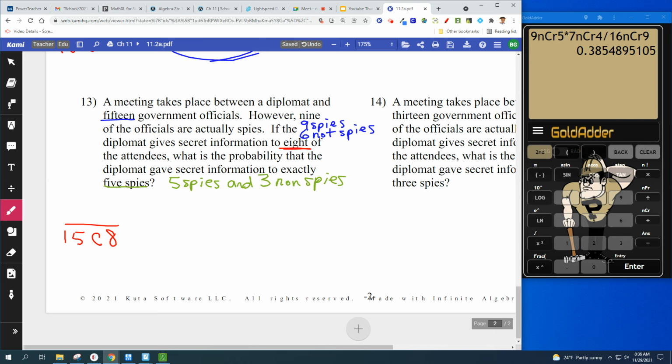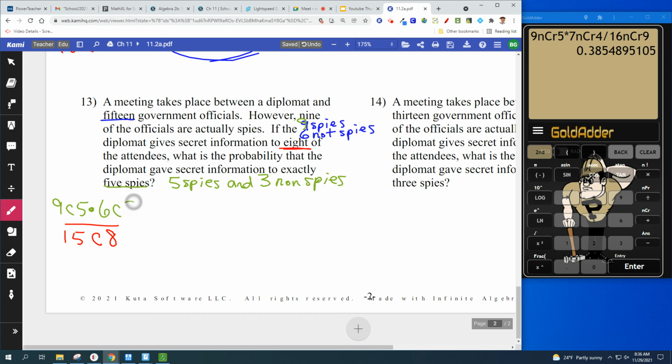Exactly. That's really corrupt. But that's what we're looking for. That's our numerator. So 5 spies out of how many spies? 9. And order doesn't matter, so that's going to be 9 choose 5. And 3 non-spies out of how many non-spies?